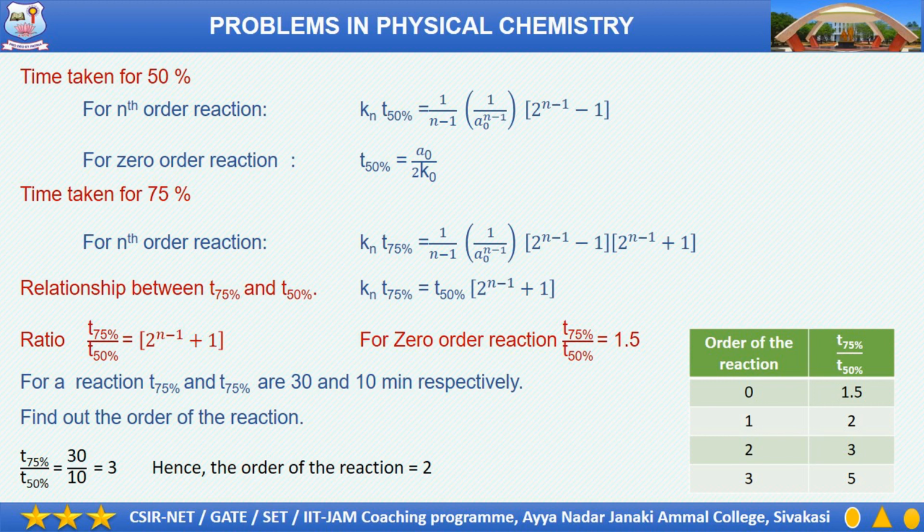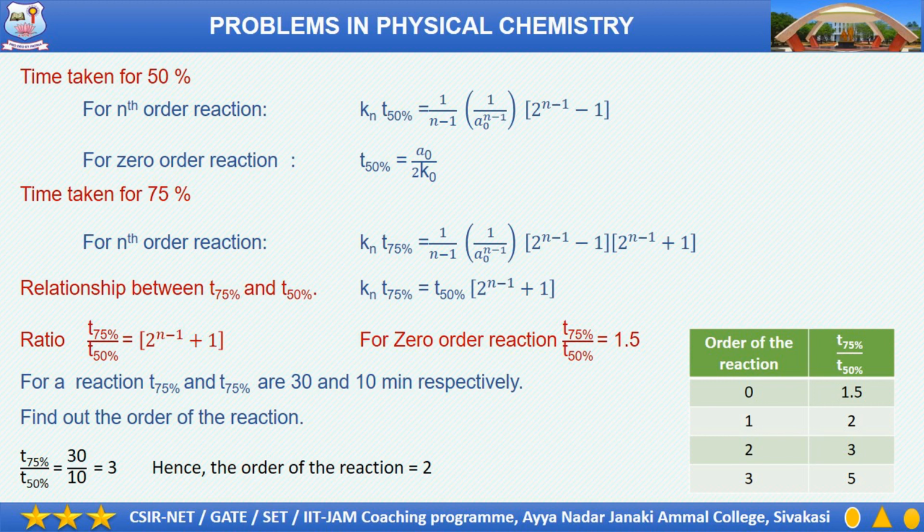K n T 50% is equal to 1 by (n minus 1) into 1 by A naught power (n minus 1) into 2 power (n minus 1) minus 1. Put zero order: T 50% is equal to A naught by 2 K naught. This equation you should use for the calculation of the half-life period for the zero order reaction.